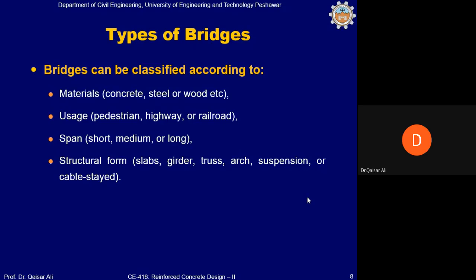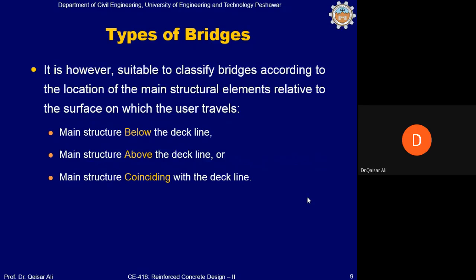However, the AASHTO is divided. AASHTO is a code used for bridge design. They have classified bridges into three main types, depending on the main structural elements related to the surface on which the user travels.